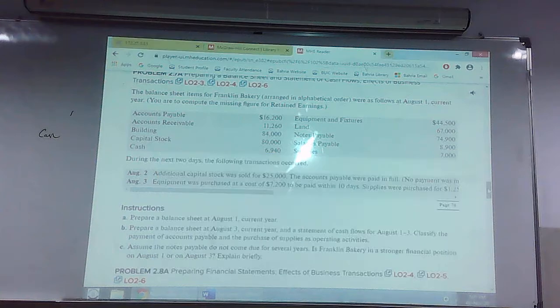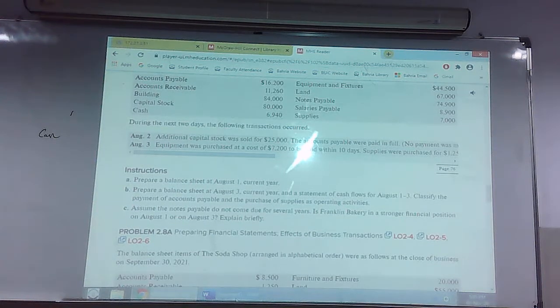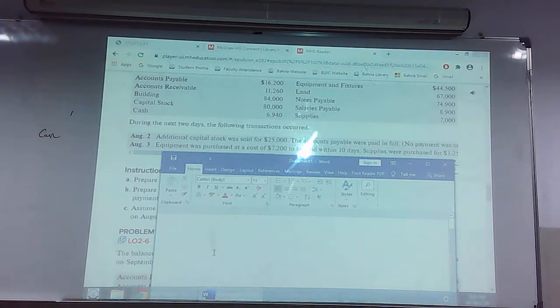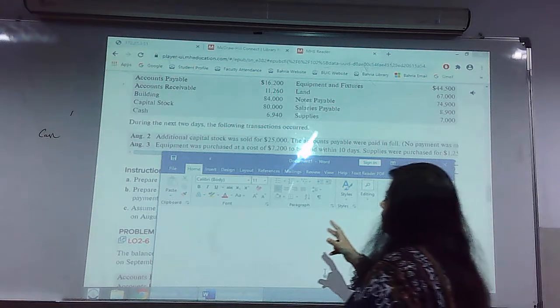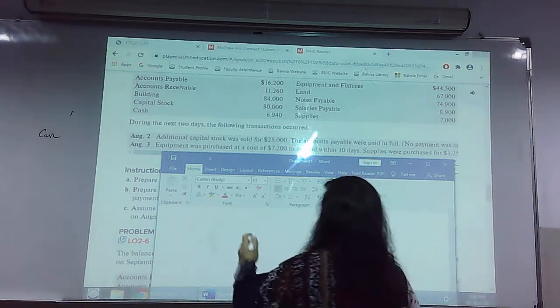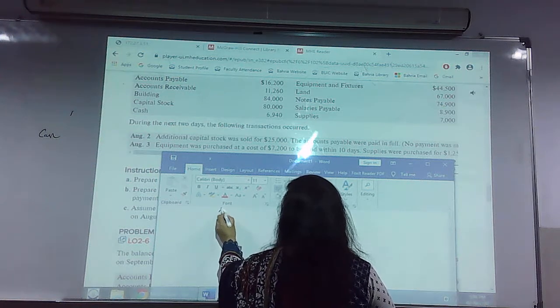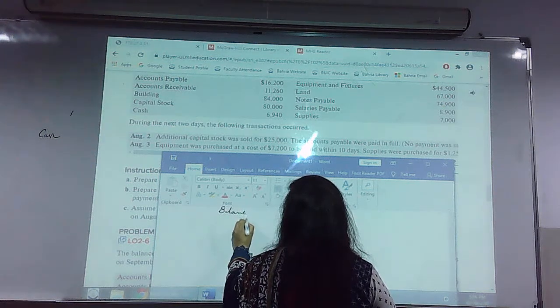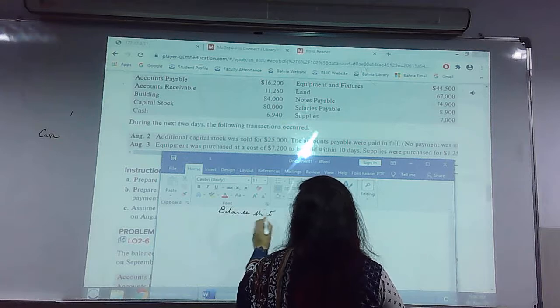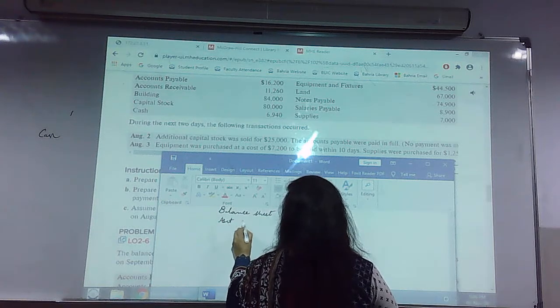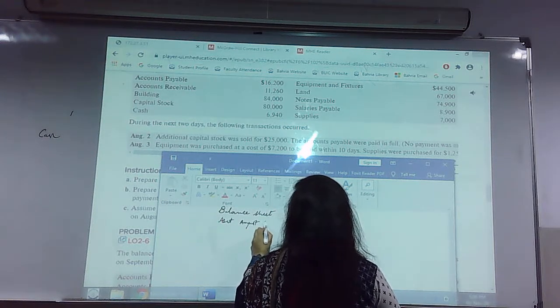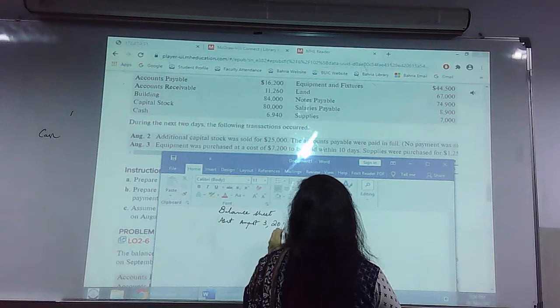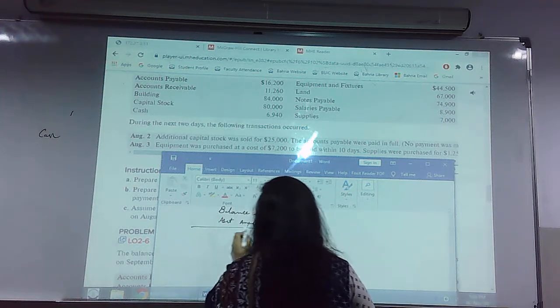If you note, I require the statement form of balance sheet. So initially there's a balance sheet as at August 3, 2019, or whichever year it is.